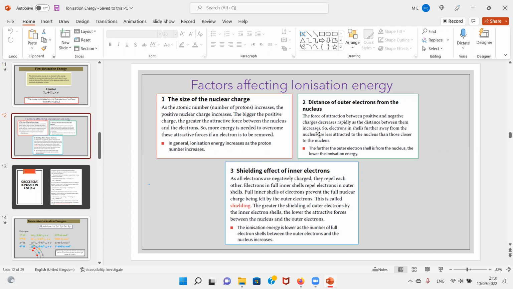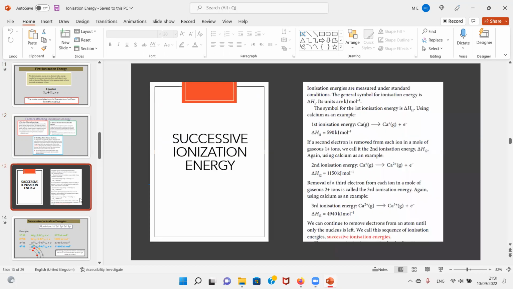As the distance between the nucleus and the outermost shell electron gets bigger, it becomes easier to remove the electron because the attraction is less. And the third is the shielding effect of the inner electrons. As you have more and more electrons between the nucleus and the valence electrons, it becomes easier to remove the electrons in the outermost shell because of the shielding effect.